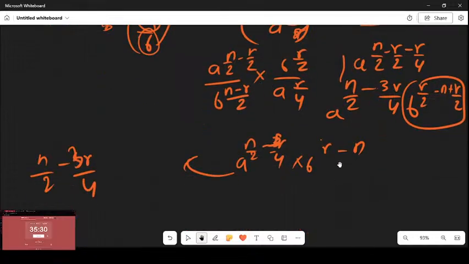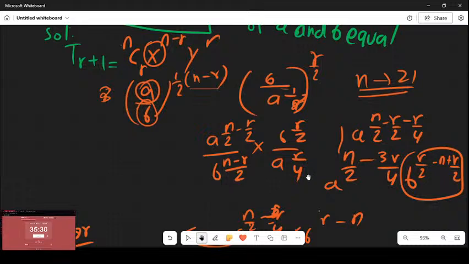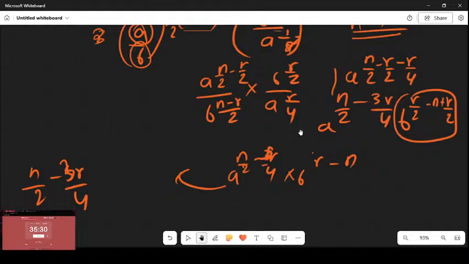r minus n. Okay, this is correct. The power is correct. n by 2, if I transfer this to the top, I guess it was supposed to be 18th.